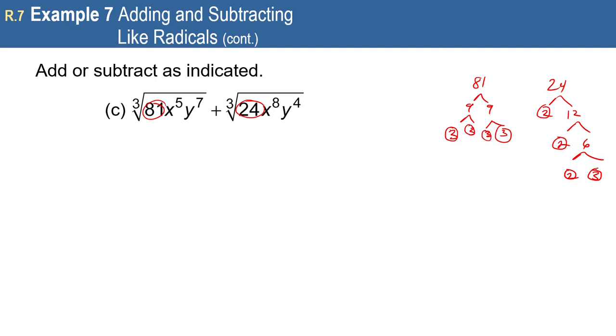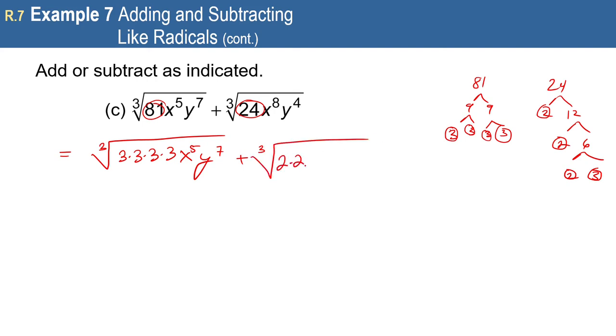Now you might have a different factor tree, but your numbers should be exactly the same as mine. Let's rewrite this as the cube root of 3 times 3 times 3 times 3, x to the 5th, y to the 7th, plus the cube root of 2 times 2 times 2 times 3 times x to the 8th, y to the 4th. Again, if you're not sure, multiply all this out, you should get 24 and 81.